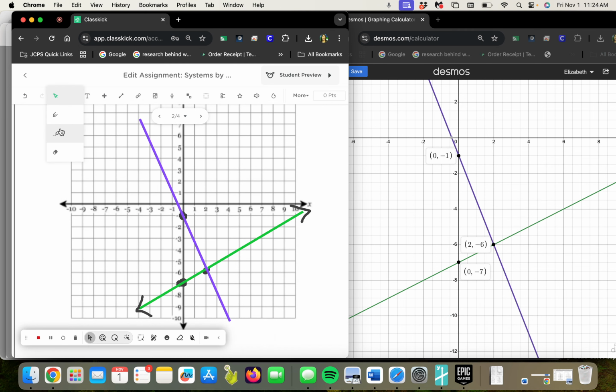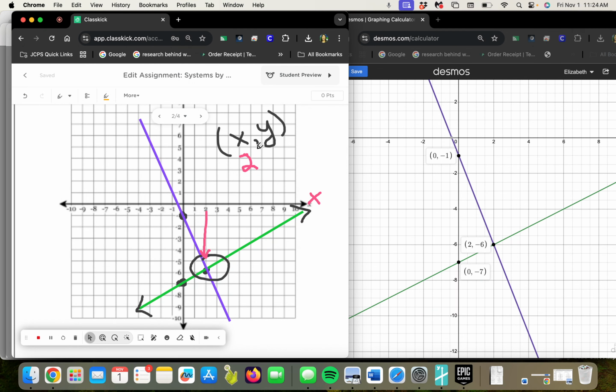So where is my solution? Remember that your solution is where the two lines intersect. So we're going to look right here. And my x comes first and my y comes second. My x coordinate lines up right here at the 2.